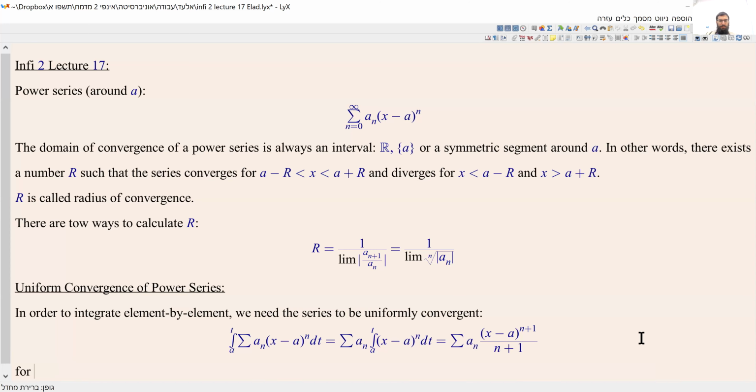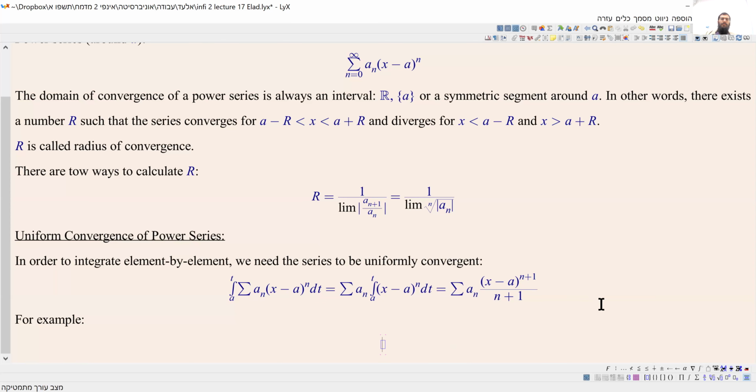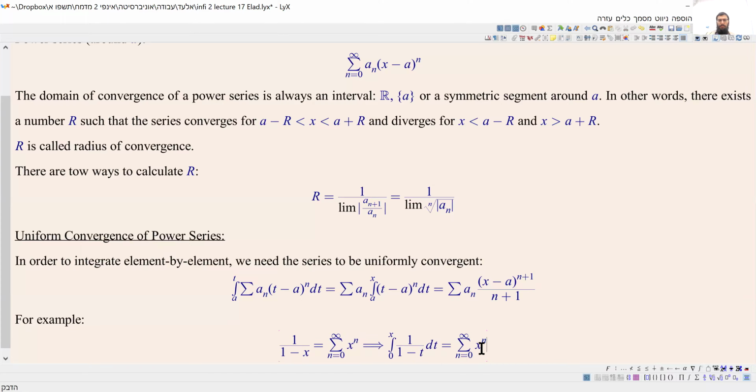For example, if we look at the geometric series and perform integration element by element, we get that the integral, let's say from 0 to some t, of 1 over 1 minus t dt, is the actual sum of the integrals of every element.